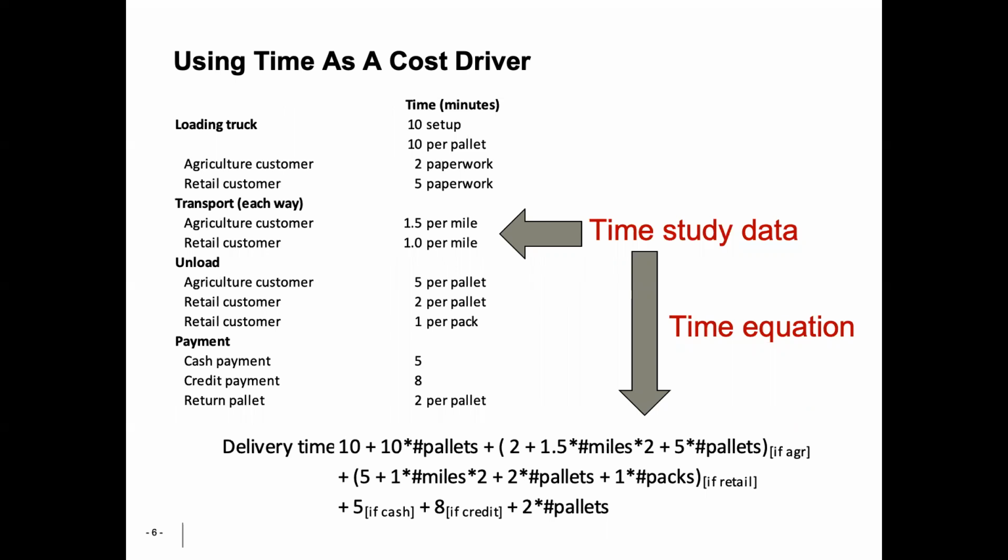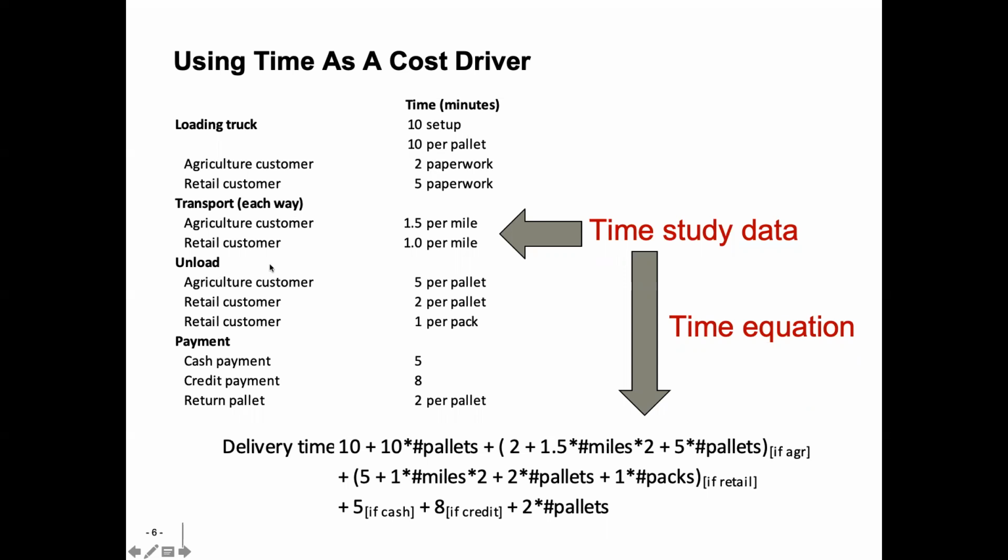We look at loading a truck, and it can be different between agriculture customer and retail customer in the form of paperwork, for example. 2 minutes spent on paperwork in the case of agriculture customer versus 5 minutes spent on paperwork for retail customers. There's uniform 10 minutes for setup, 10 minutes per pallet, irrespective of the type of customer.